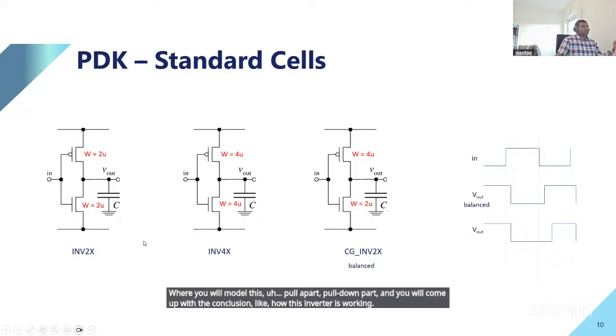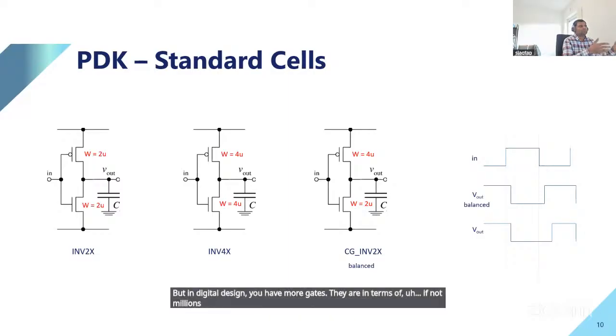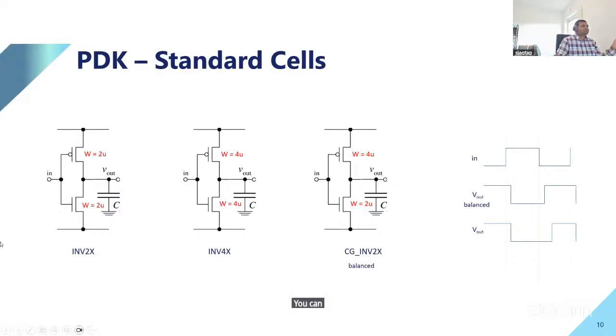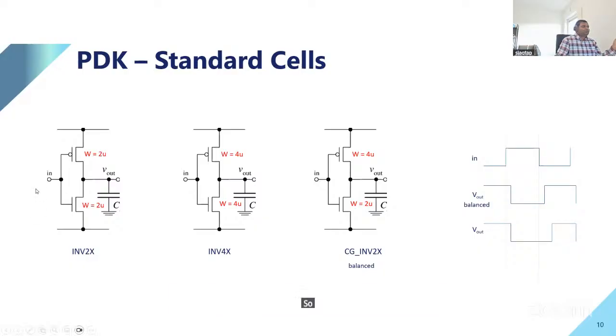You want to simulate the same information in digital design, but you have more gates, in thousands if not millions. You can do this SPICE-level simulation for one gate, but you cannot do it for 50,000 gates which are connected.